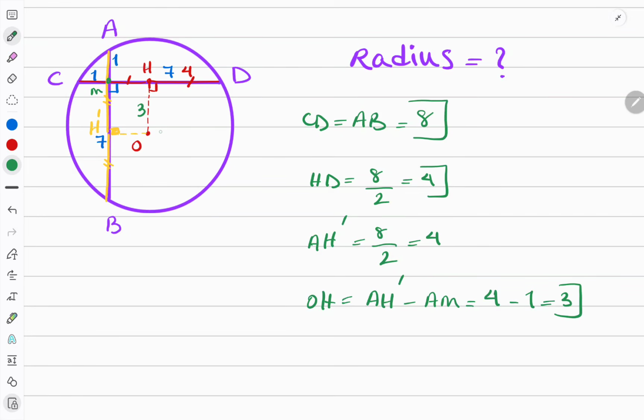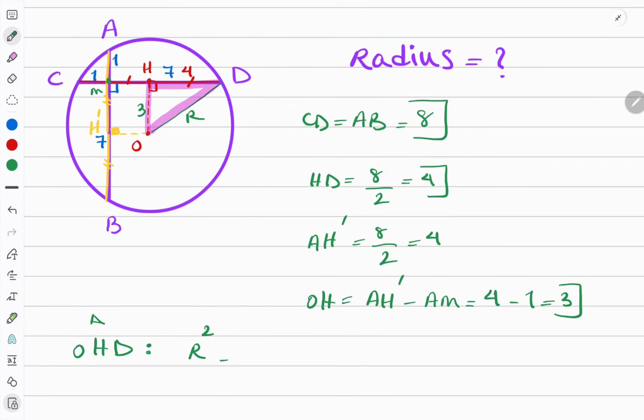And now we are going to find the radius. The only thing that we need is to draw a radius OD. You can call this R. And in order to find R, we have a right angle triangle. So in triangle OHD, you can use the Pythagoras theorem.